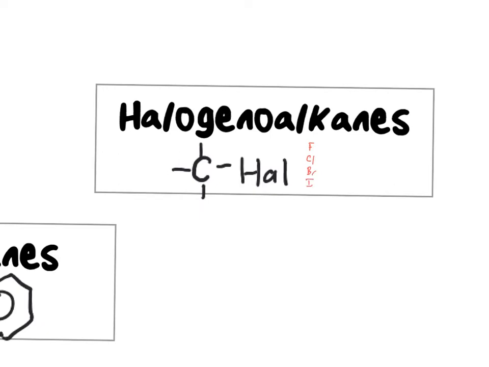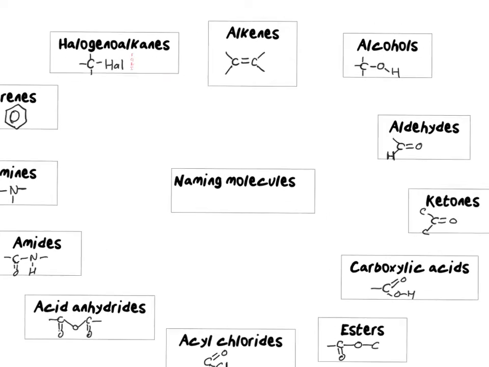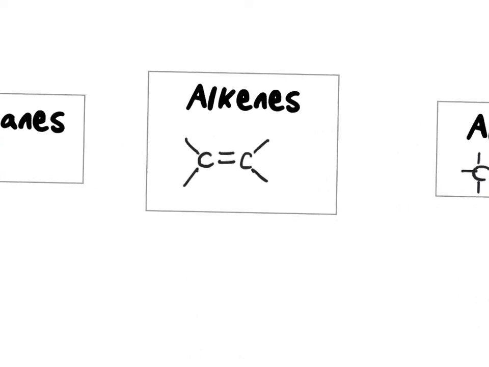The next group of molecules we looked at in more detail were the alkenes, and the alkenes can be characterised by a carbon double bond carbon. As the suffix suggests, whenever you see the suffix -ene, you know it contains a carbon double bond carbon.